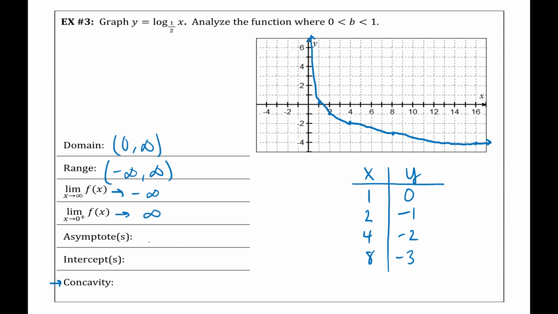Positive infinity. And your asymptote is? It's still a vertical at x equals 0. And your y-intercept is still where? 1, 0. And now our concavity is what? It's up, and that's because our rate of change is increasing.